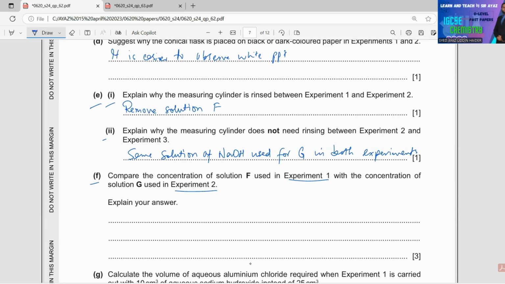You have to mention the quantitative relationship for the volume used in experiment 1 and experiment 2.